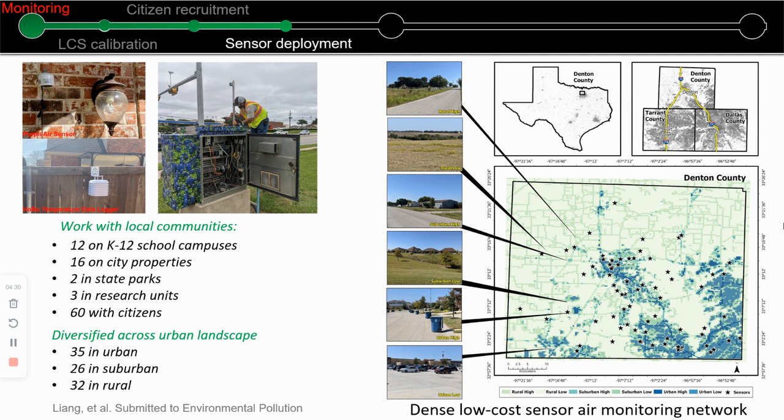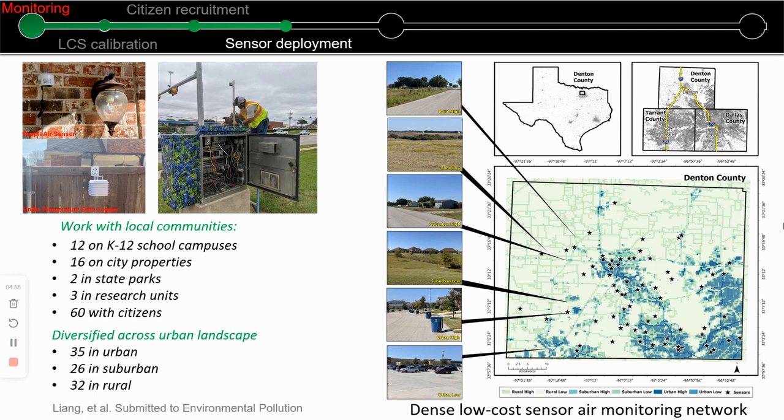And actually, our urban side is still relatively sparse compared to many European cities. With those efforts, we are able to relatively evenly distribute the stations over the urban, suburban, and rural areas. By now, we have more than 90 stations in total.